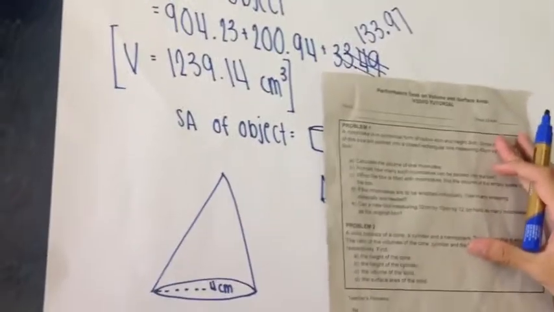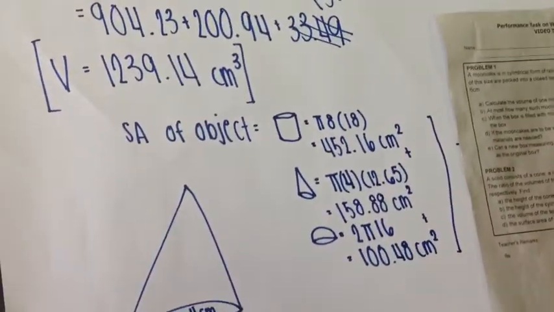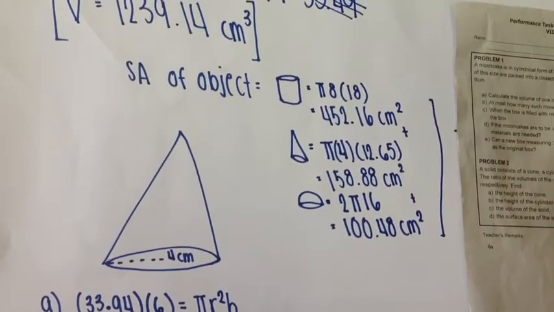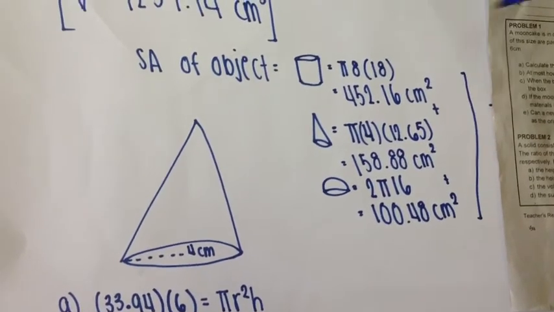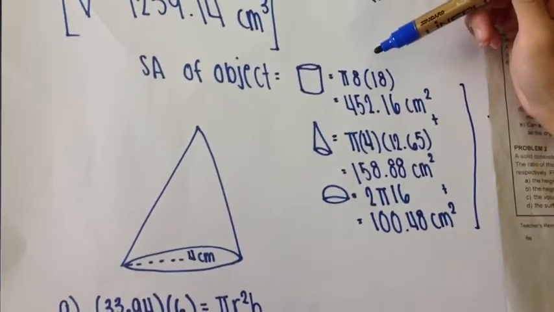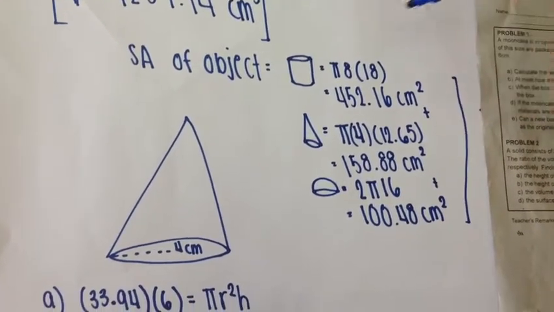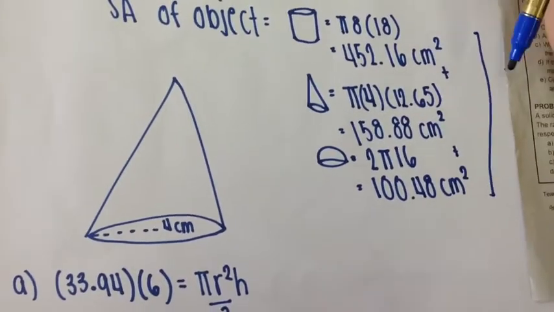The next question is find the surface area of the solid. To find the surface area of the cylinder, the equation is 2B plus PH. So it's pi d, which is pi 8, times the perimeter plus the perimeter times height. So the surface area of the cylinder is 452.16 cm squared.